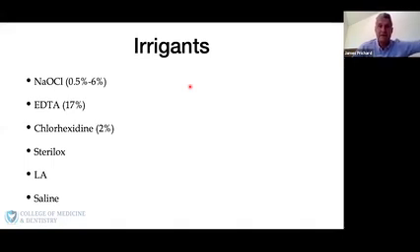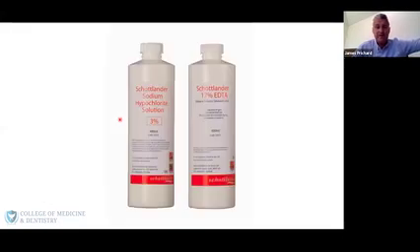This is time consuming and can lead to problems regarding mixing of irrigants together. We certainly know that sodium hypochlorite and chlorhexidine don't mix well together because they form a precipitate, parachloroaniline, which is potentially carcinogenic. So when we're looking at our irrigating systems, if we try and create a simplification, that can only help us.